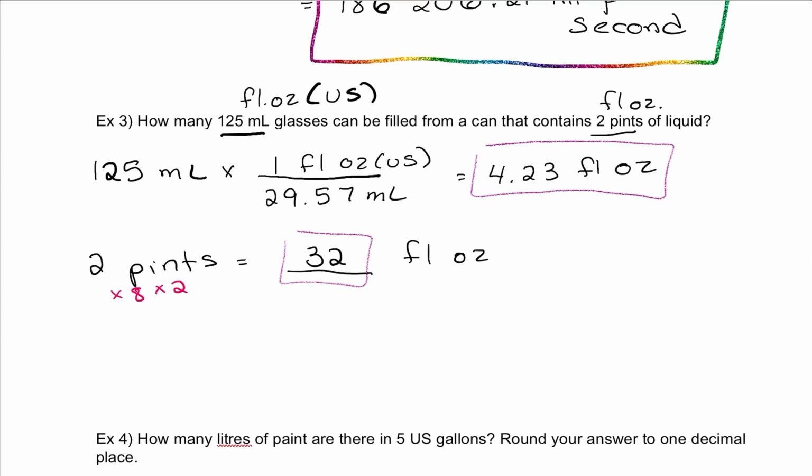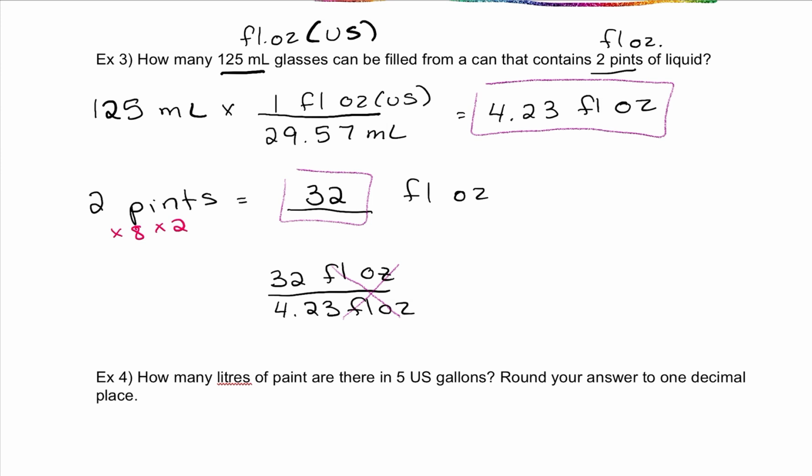So I need to know how many glasses. You take your total, 32 fluid ounces, divided by how much each glass can hold. Notice that if you've done this correctly, these units should be the same so that they cancel. 32 divided by 4.23 is 7.53.